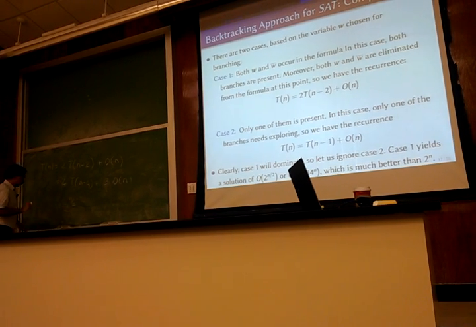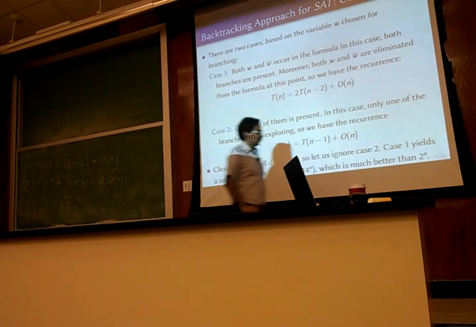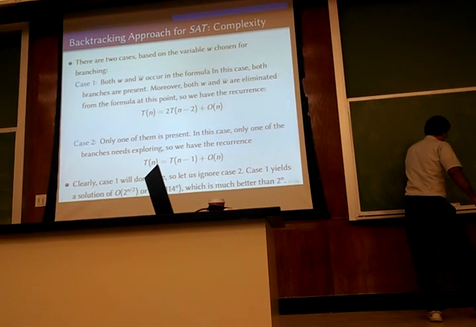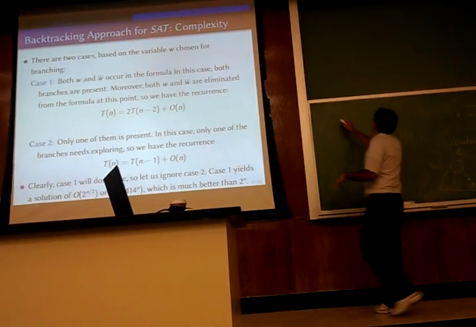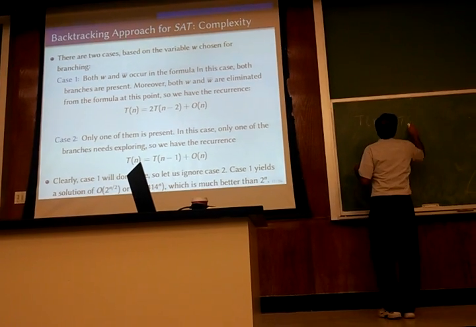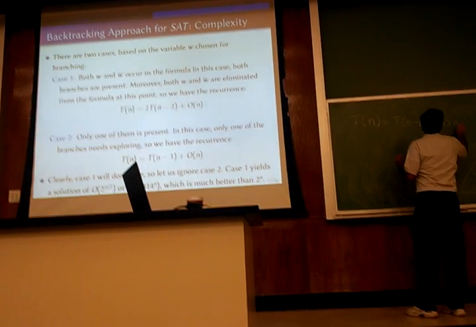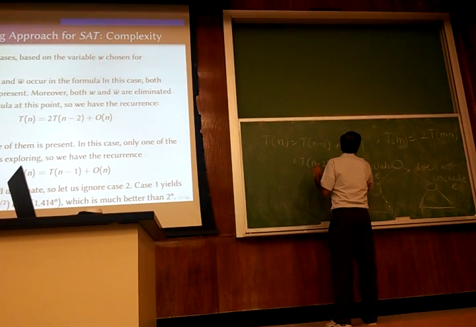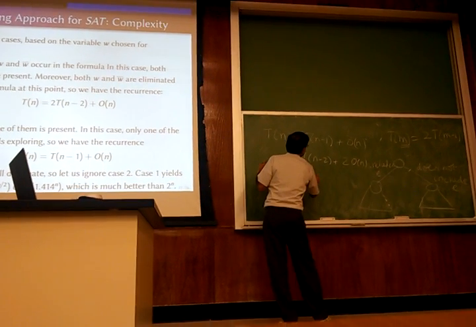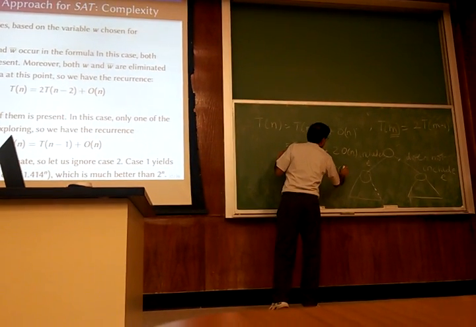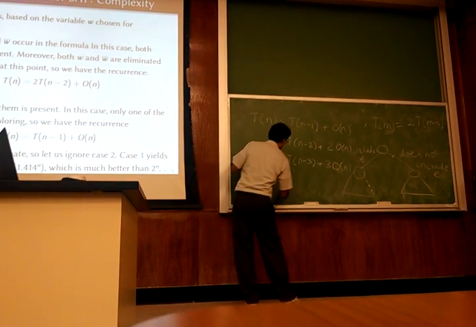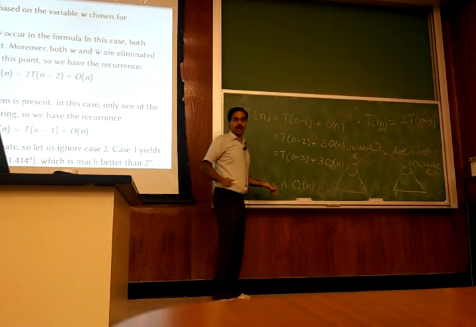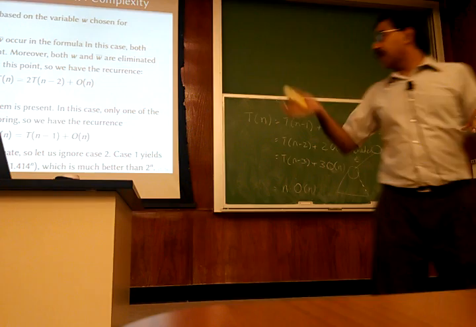Whereas if you follow the other one, then you end up with, which is nothing but n times O of n, right? So these two are, that is exponential factor.